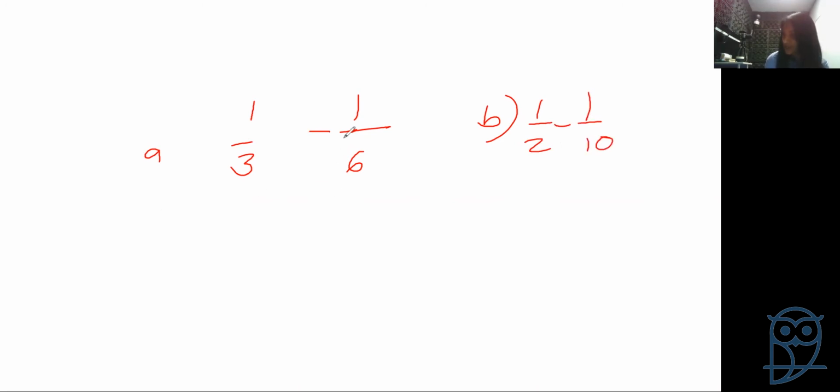Okay, let's do one more. Let's do 1 over 3 minus 1 over 6. Okay, let's not do one more. Let's do more than one more. And let's do 1 over 2 minus 1 over 10. What will I do with this? Because guys, remember, these denominators are not the same like in our previous example. So what should we do?